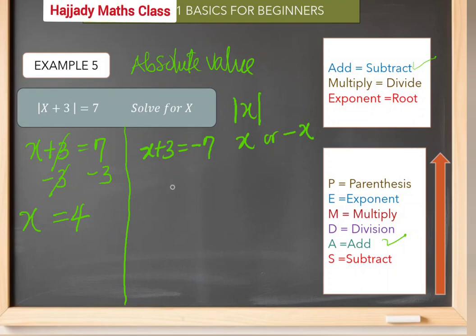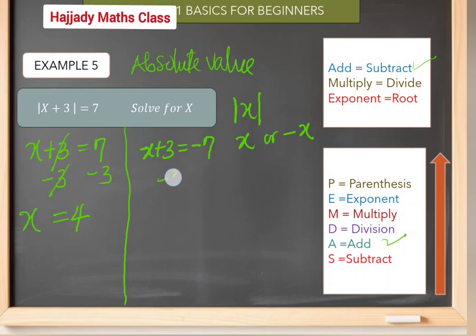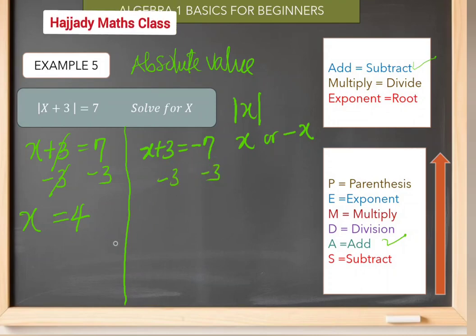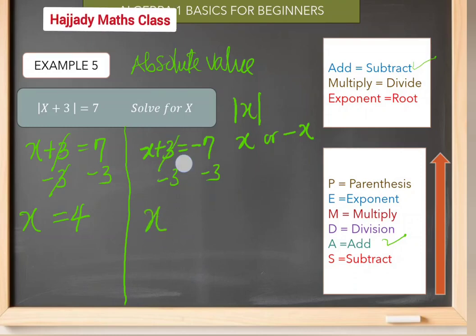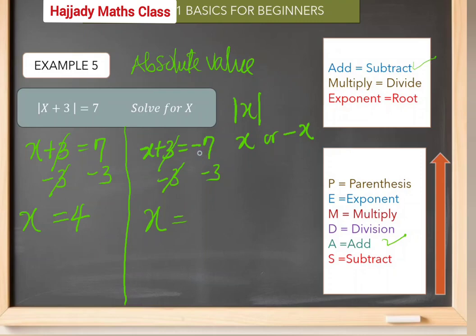If you do the same thing on the right side, negative 3, negative 3. Here we have x, 3 minus 3 cancel out, negative 7 minus 3 gives negative 10. So these are the values of x.